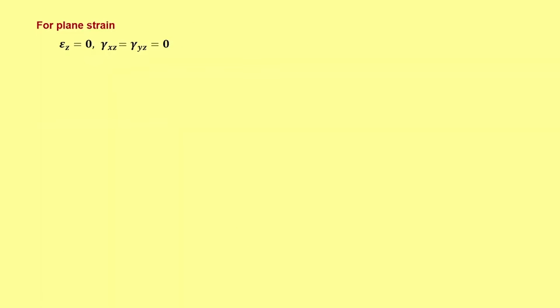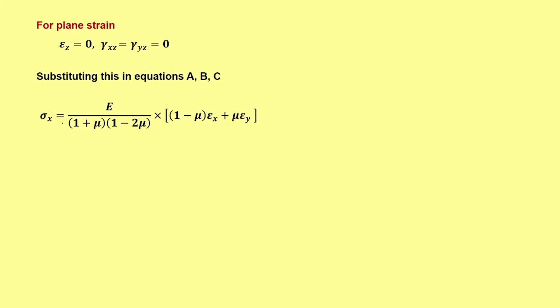So, now it is easy. We know for plane strain condition, strain in one direction is 0. So, epsilon z equal to 0, gamma x z, gamma y z is equal to 0. If we put this in the expression, that is, we are substituting in equations A, B, C, we will get sigma x is equal to E upon 1 plus mu 1 minus 2 mu, 1 minus mu epsilon x plus mu epsilon y, epsilon z goes away.